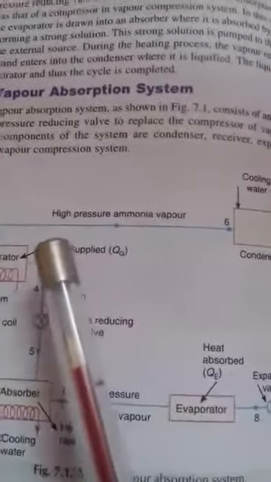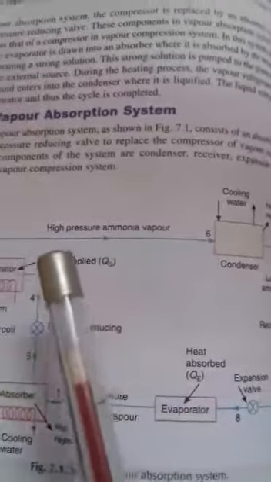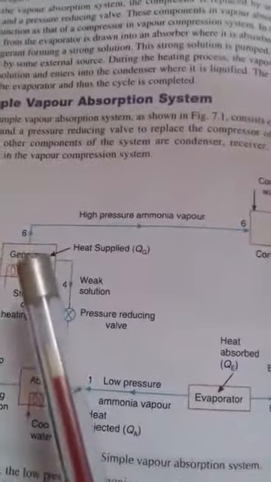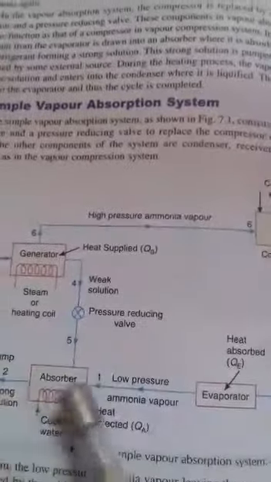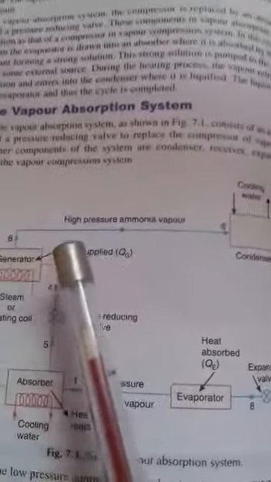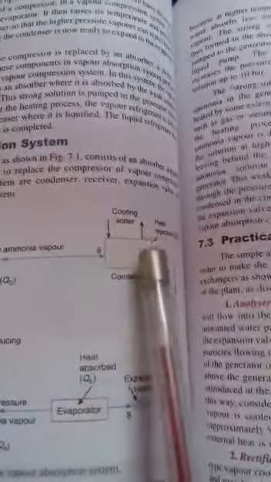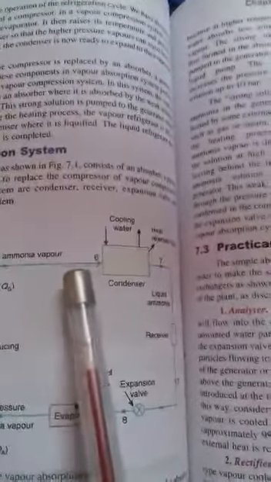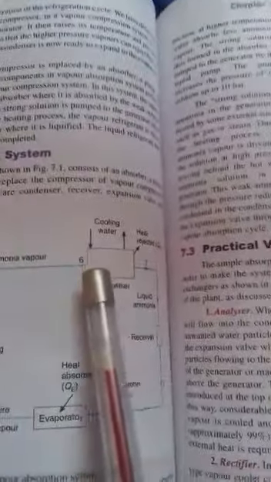In the condenser, this ammonia is cooled down with an external arrangement, so it is converted from gas into high pressure liquid. From here, this high pressure liquid from the condenser starts moving towards the receiver. The receiver is there just to collect the liquid ammonia.